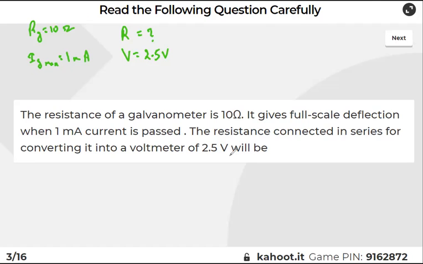Try to solve this, everyone. हम लोगों ने लास्ट क्लास में लिखा था, right? I hope all of you remember. Ig is equal to V by Rg plus R.